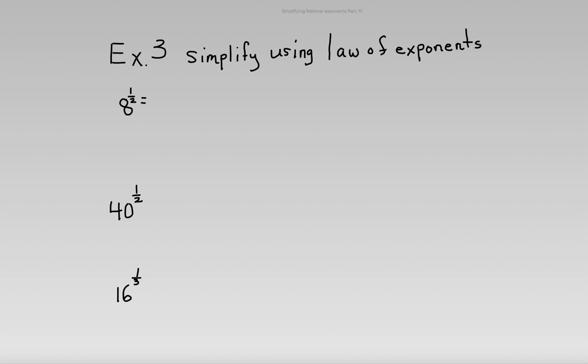So in this case, for instance, if I were to factor 8 into its prime factors, I would get 2 cubed, where 2 cubed to the 1/2 power, I would get 2 to the 3 times 1/2. Well, 3 times 1/2 doesn't cancel out. So there's no way I can just get a whole number here.